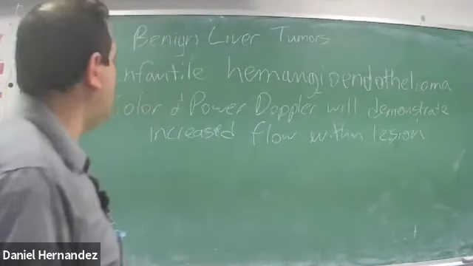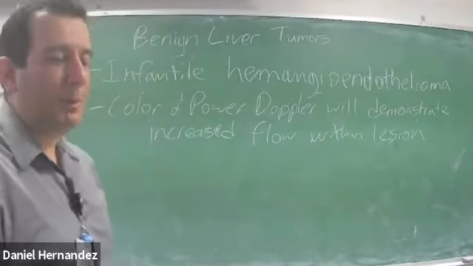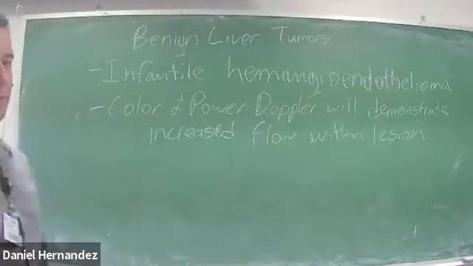This is infantile hemangioendothelioma, the most common benign pediatric liver tumor.